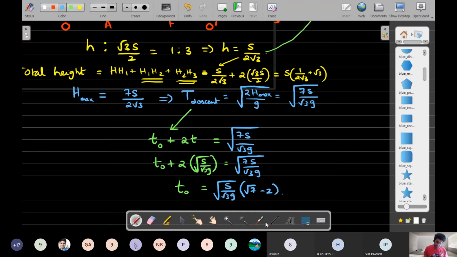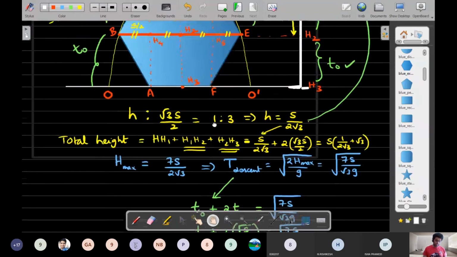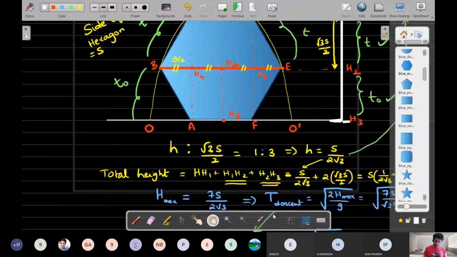So what's the importance of this? You got the time duration for this part. You got the time duration, which means you have an estimate of how much horizontal distance it has traveled, right?